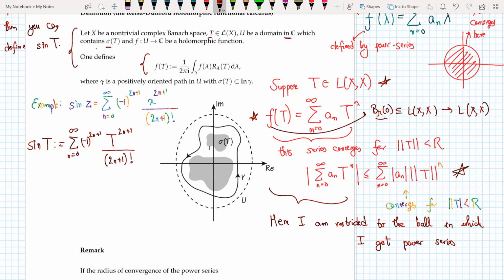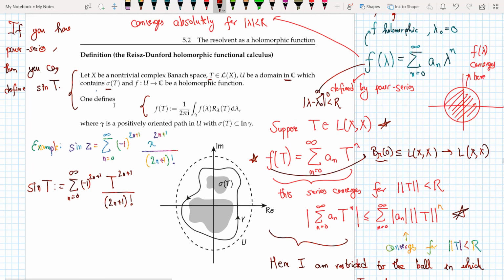So this is converging only, as you remember before, that in the condition of f of lambda, it was converging only when, if you remember, this condition was there, mod of lambda minus lambda naught was less than r. But in this case, we take lambda naught to be 0. So this series is defined and it converges in this case.